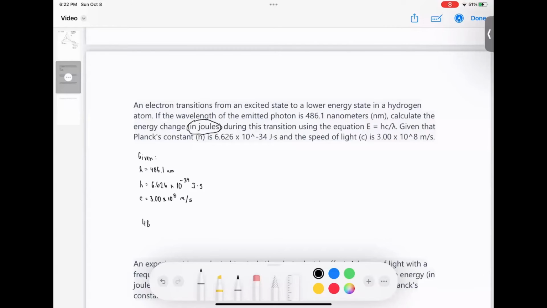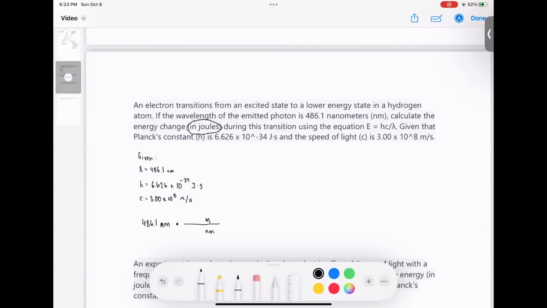So 486.1 nanometers. We start off with that because that is our non-ratio number. And what goes on the bottom? Nanometers. And what goes on the top is meters. If you remember from your conversion sheet, look on the back of your periodic table, there should be a little conversion table there.